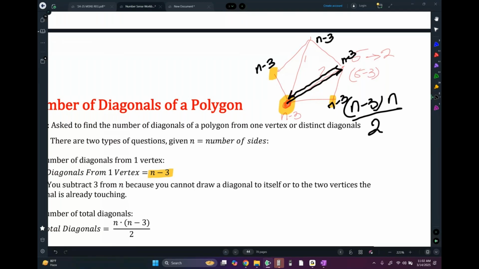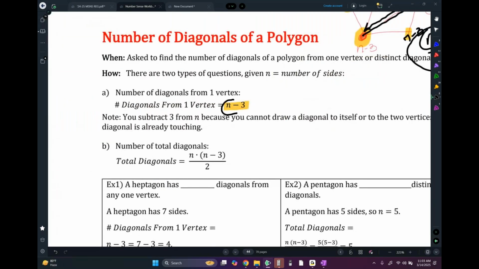And so you're double counting every diagonal, right? Every diagonal is being counted twice, so you have to divide by 2. So there's our 2 formulas. One vertice, n minus 3, total diagonals, n times n minus 3 over 2.